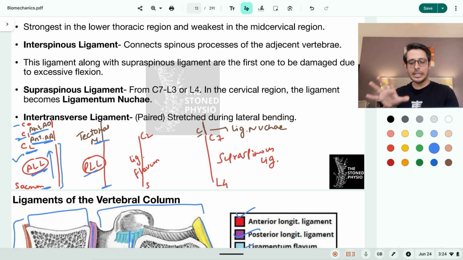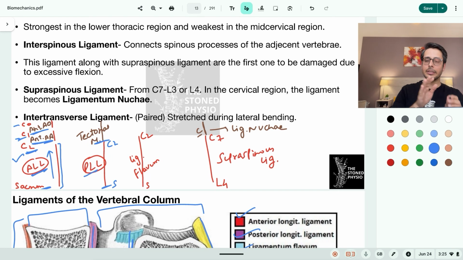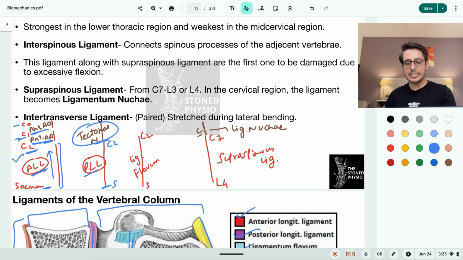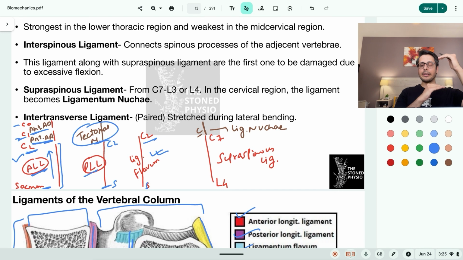So the posterior longitudinal ligament from the sacrum up to C2 runs on the backside of the vertebral bodies, and above C2 it's called the tectorial membrane. It's very, very important to remember these names. Likewise, we have the ligamentum flavum, which we will discuss in a bit, but just to mention, it goes between sacrum and C2. So the ligamentum flavum is just present between sacrum and C2.